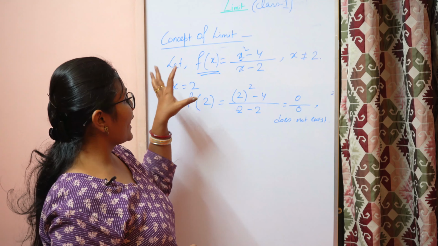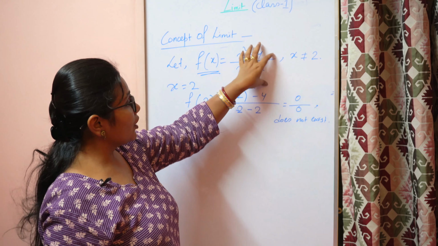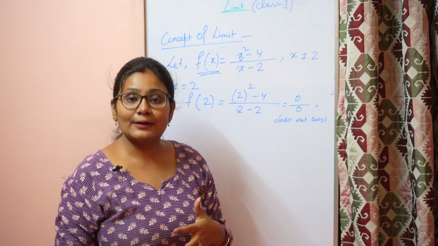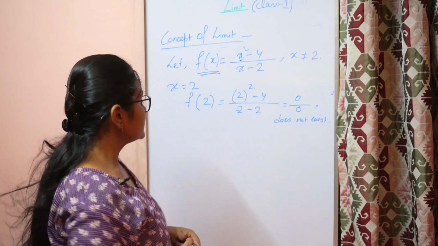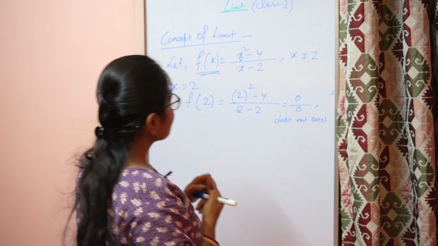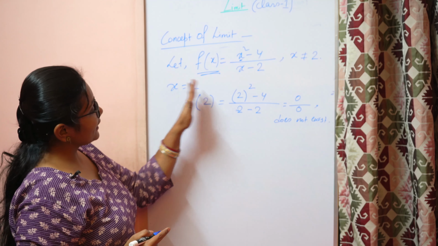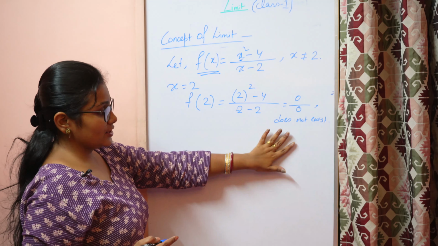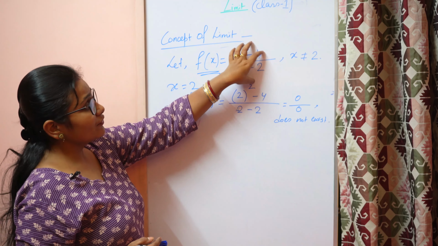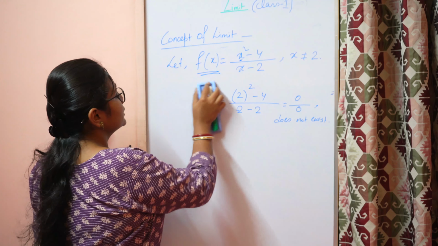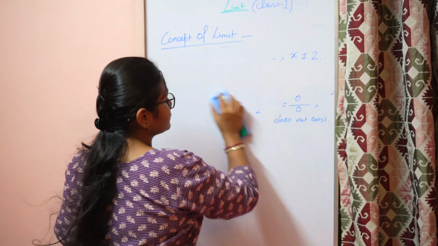From finding out the value of this type of function, the concept of limit will come. Now I am erasing this portion. At this particular point the value of this function will not exist. So how will we get the value of this function? For finding it out you have to know the limit.